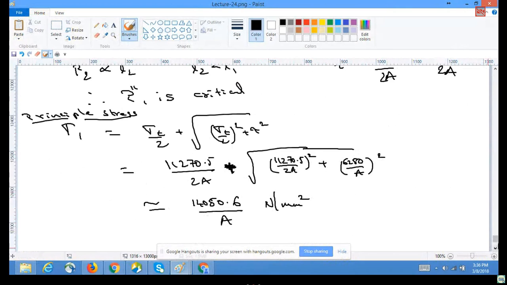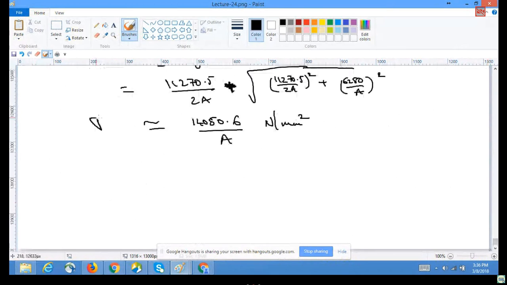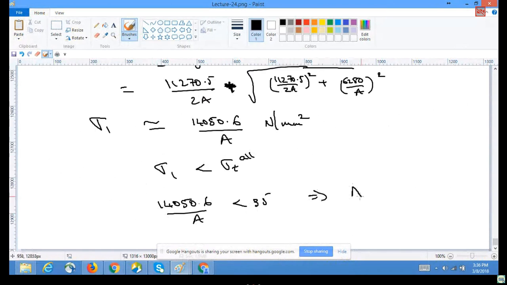We know that this is the maximum sigma 1. This sigma 1 has to be less than sigma t allowable, so 6405.6 by A has to be less than 35. That implies A is equal to 401.45 mm square.